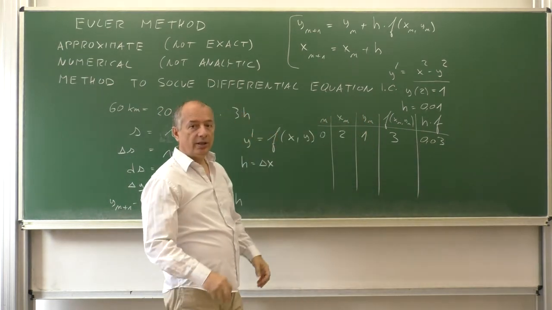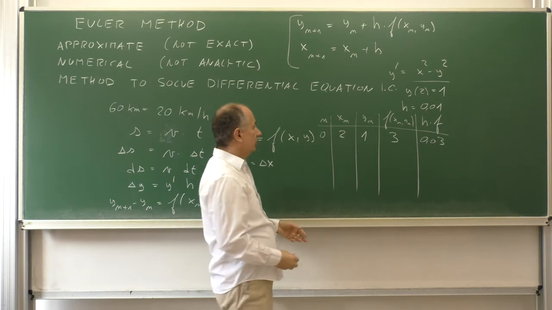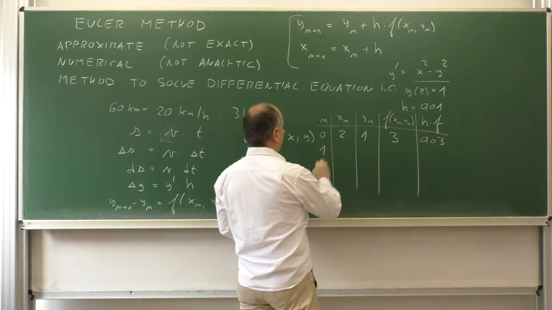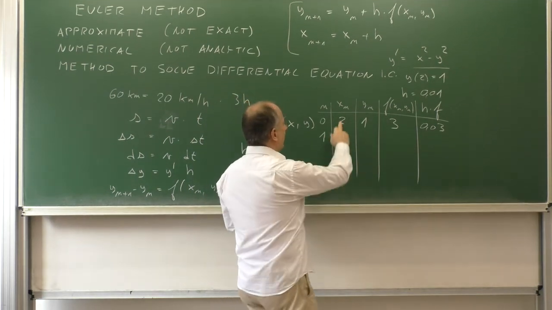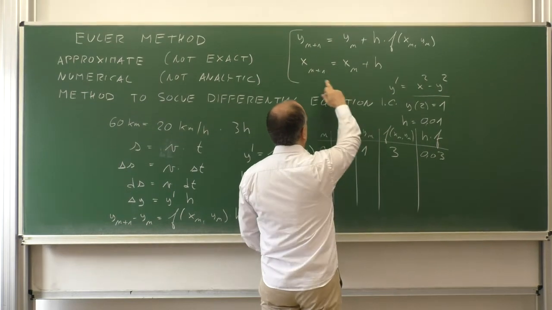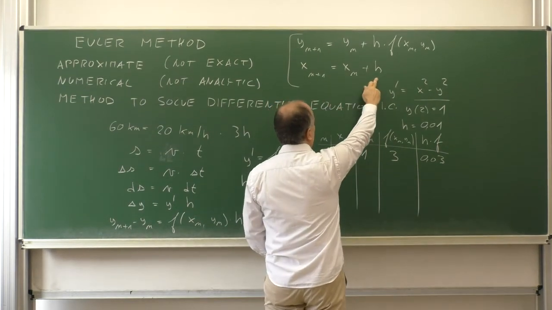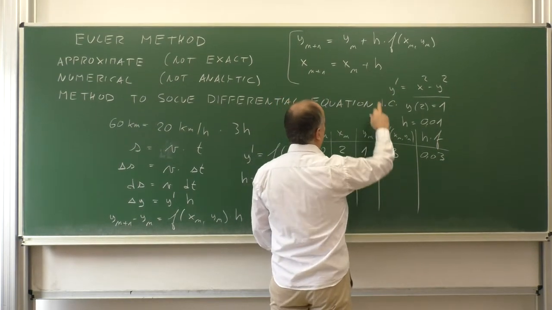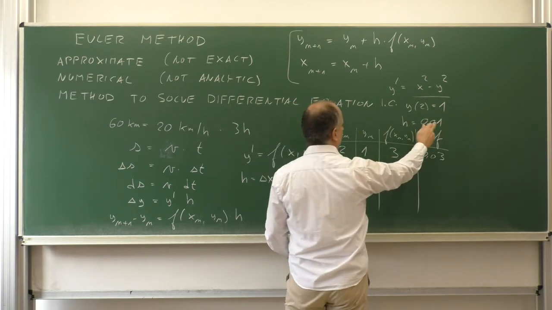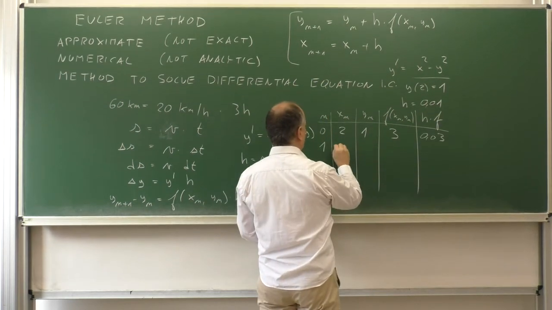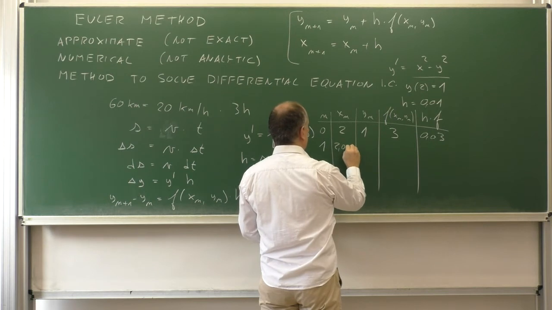And now we can update the point. With index 1, x1 will be x incremented by h. If we take 2 and add 0.01, we get 2.01.